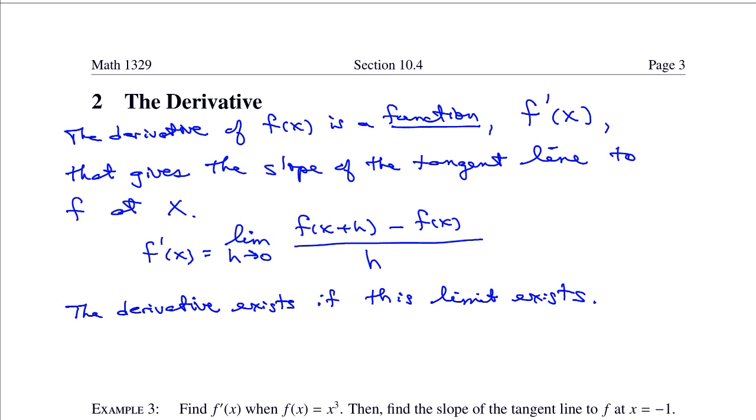We'll leave it as x, and we'll come up with a formula, an expression, with x's in it. And then we take that formula and plug in whatever x we want. We want 3, we want 4, whatever we want. Several of your homework examples will ask you to find the derivative, and then find f prime of 1, f prime of 2, f prime of 3.